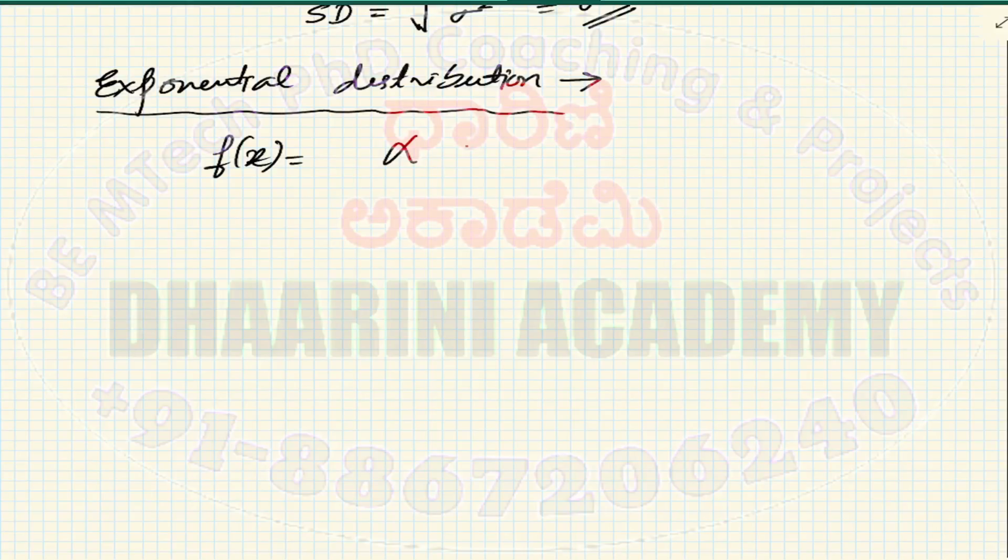One is alpha into e to the minus alpha times x for the x values greater than 0, and the function takes a value 0 otherwise.